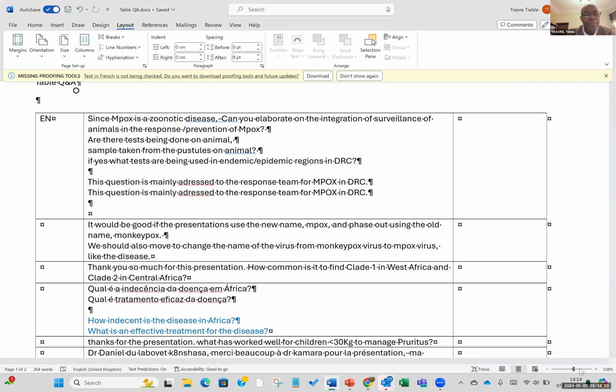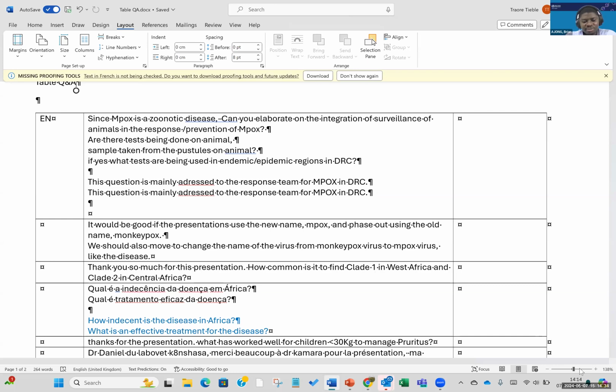The first question. I think the first question is the experience from DRC on integrating surveillance, both human and animal-based surveillance. I think that's a very good question, and it emphasizes the point that, firstly, mpox is a zoonotic infection.